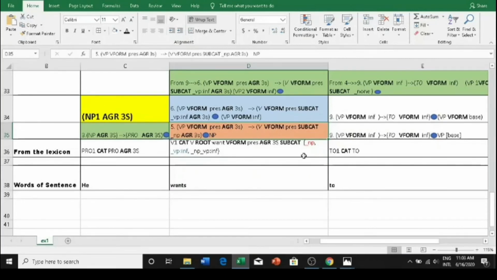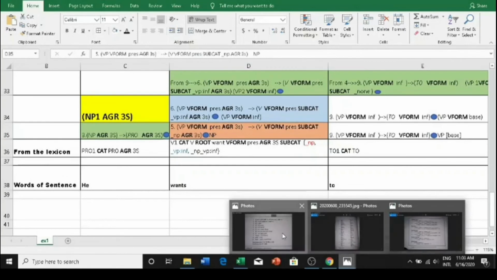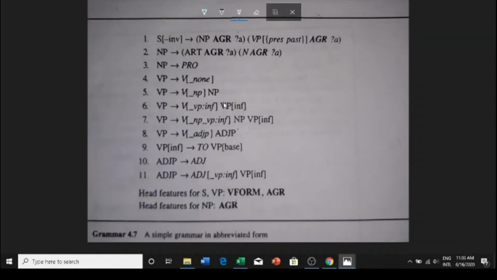Okay, and the subcategorization restriction was either NP or VP with infinitive or NP VP with infinitive. So the restriction with NP didn't work, right? So we will just see whether the other two restrictions can help us with a better rule. So we are going to see the other two restrictions, that is VP infinitive or NP VP infinitive. Let's select this one. Okay, that is VP infinitive.